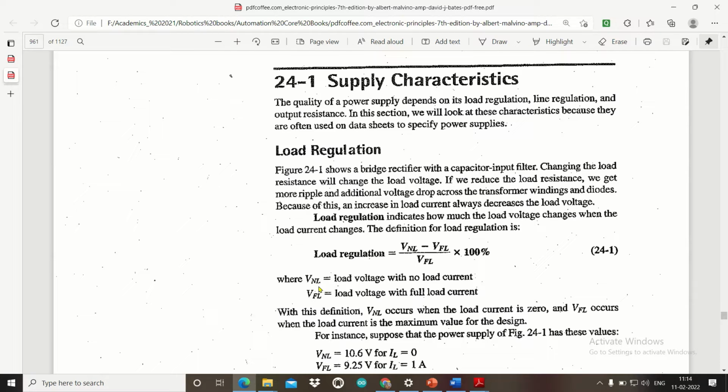What is VNL? VNL is the load voltage when there is no load current. And VFL is the load voltage when there is full load current. This you have to remember.